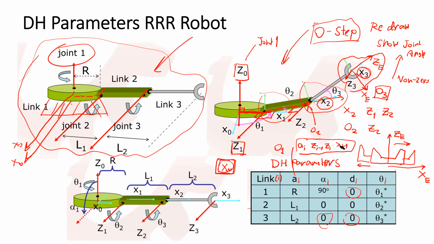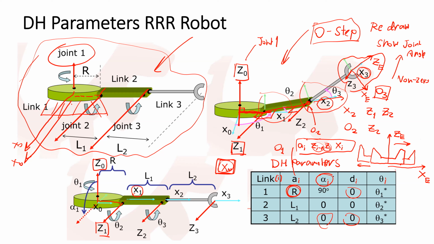The link length is measured from Ci minus 1 to Ci along the Xi direction. We have C0 and we have C1. If we want to measure the distance between the C0 and C1 along the Xi direction, the distance is the radius of the cylinder.